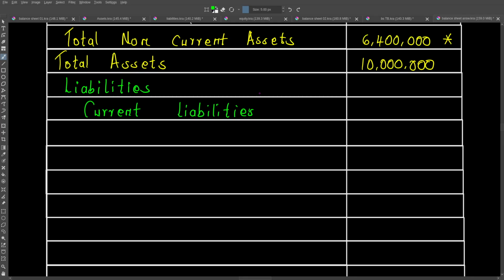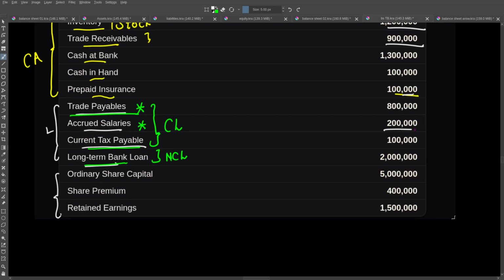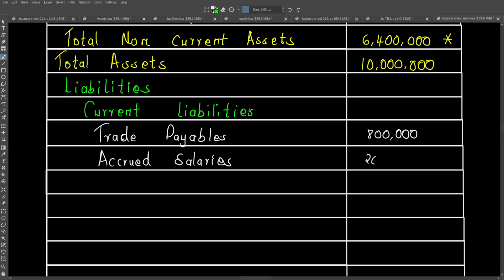Okay, so let us list them. We have trade payables, an amount of 800,000. We have accrued salaries, an amount of 200,000.